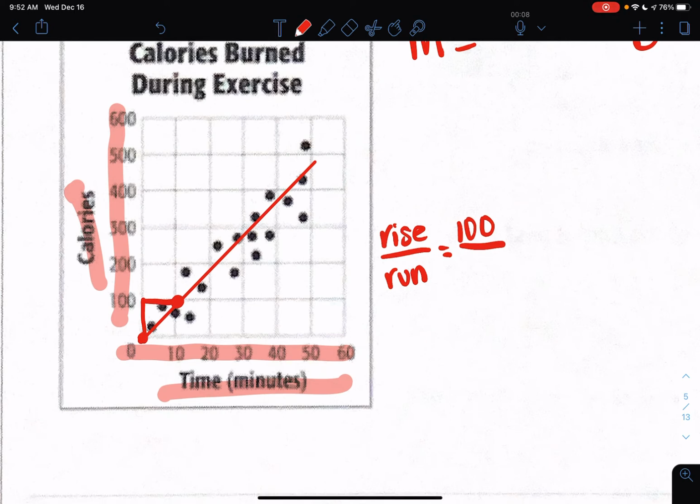So the distance from one point to another point. And since I only went over one box and my x values are going by 10, that means I ran 10. So when I divide them to simplify it, I get that my slope is 10.